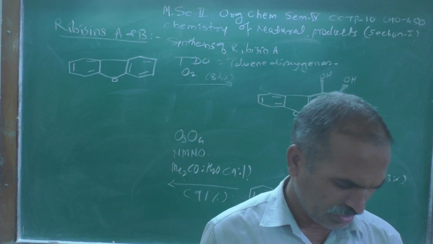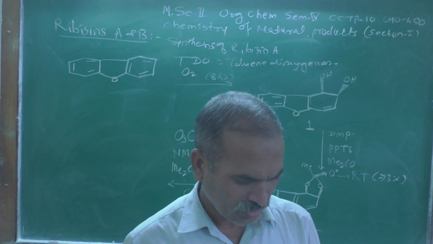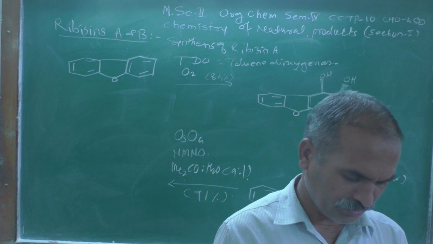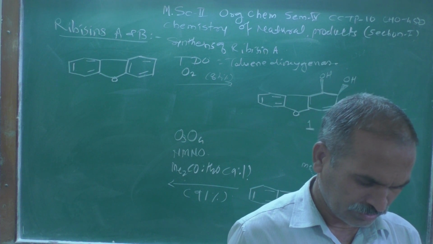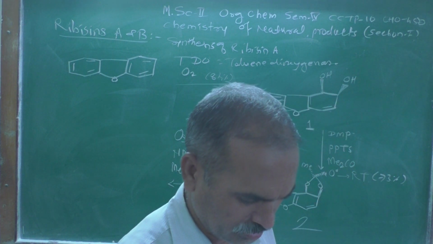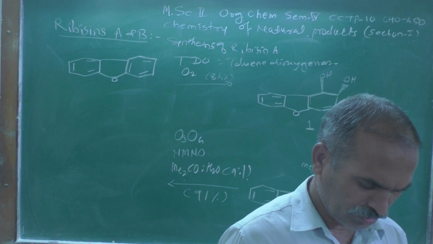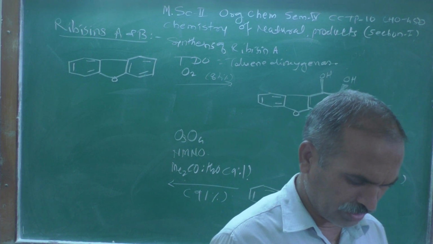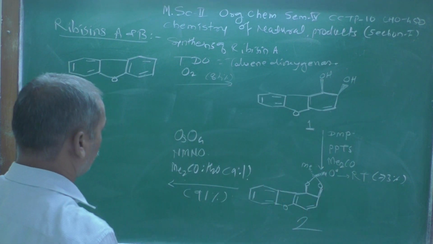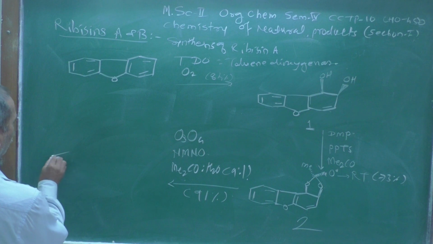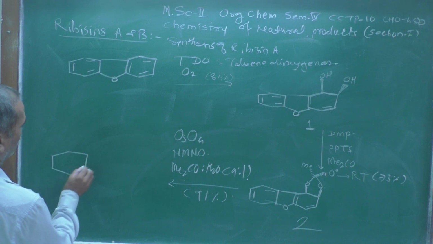So let's see the compound which we are going to get. Here once again we are going to get compound number 3. Look here, this is the structure which I am going to represent.